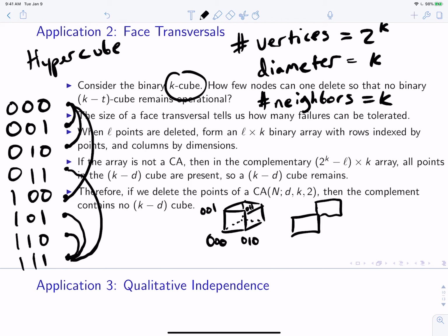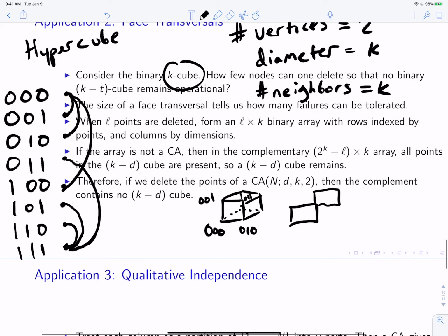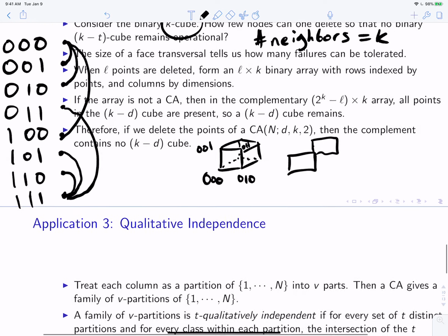Not that a particular set of vertices are deleted. But the original question was based on how many rows does a covering array have? So I put it here, but basically, if you know the optimal size of a covering array, you know the minimum number of points that have to be deleted so that we have an operational cube. Okay.